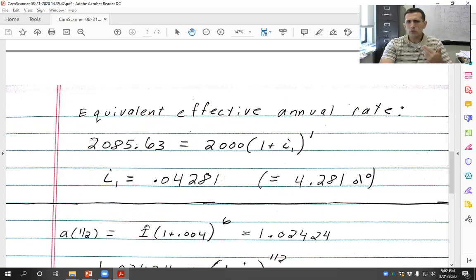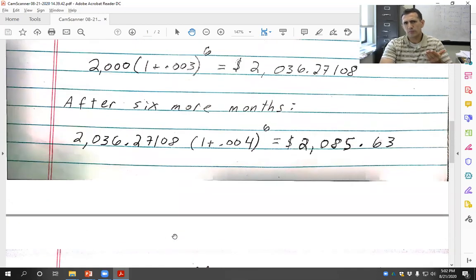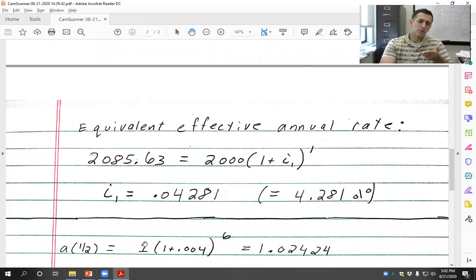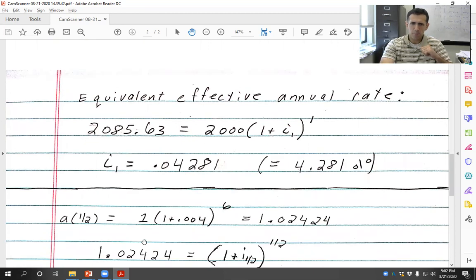Now, alternatively, you could, if you wanted to, treat your A naught as $2,036.27 and just use this, but it might make more sense just to compute the growth factor for the last 6-month period and then just use that.